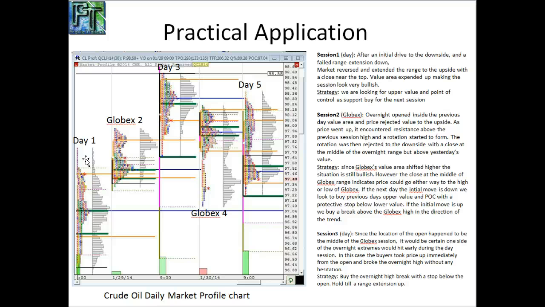So now, with value having shifted higher and our close being towards the high of the day, the bias for this session becomes very bullish. Therefore, the strategy is that I am looking for the upper value area and a point of control as a support buy for the next session.